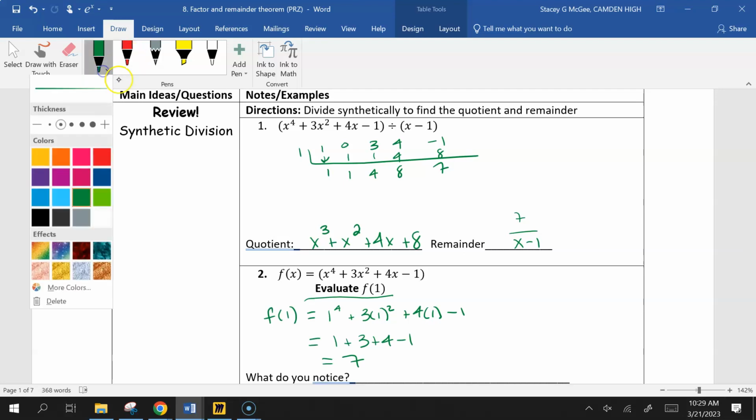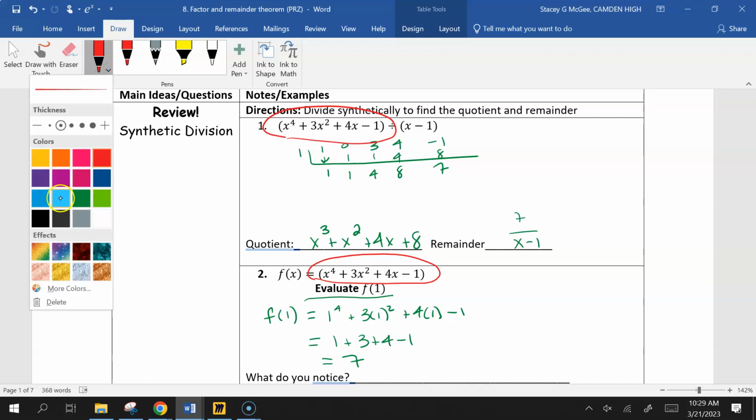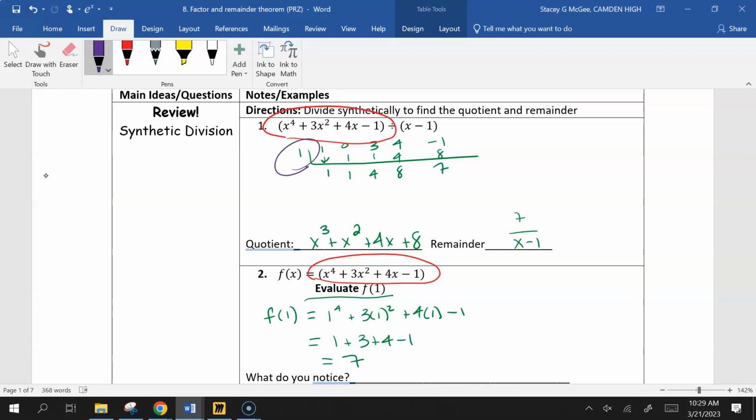Now notice on here, these are exactly the same, right? When you divided by x minus 1 here, or you plugged 1 in, what do you notice? You get the same remainder.